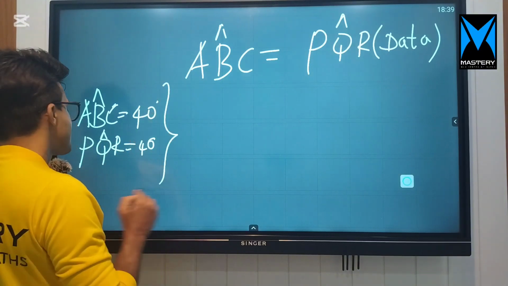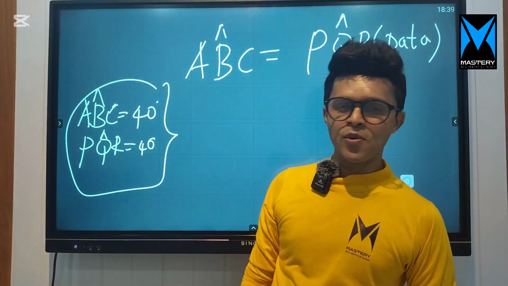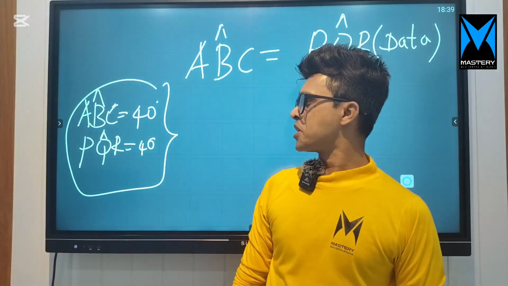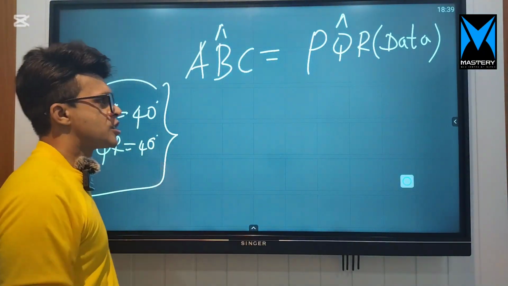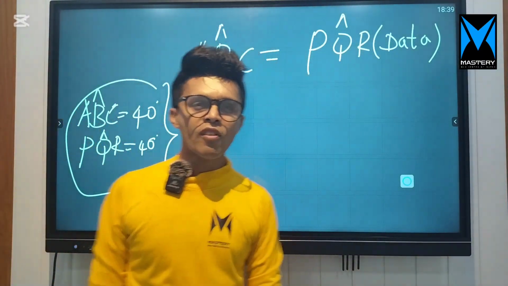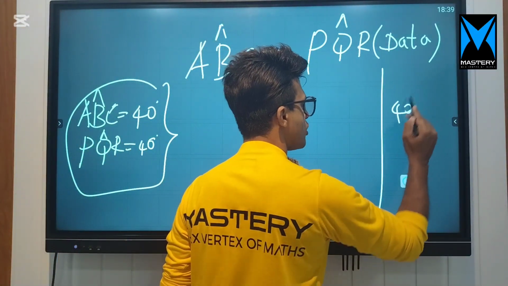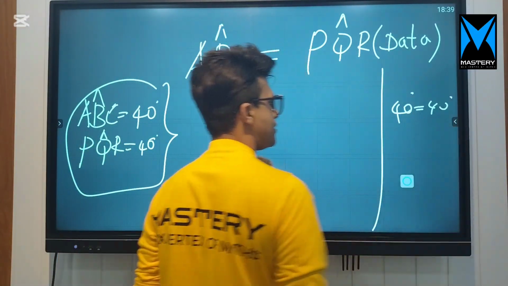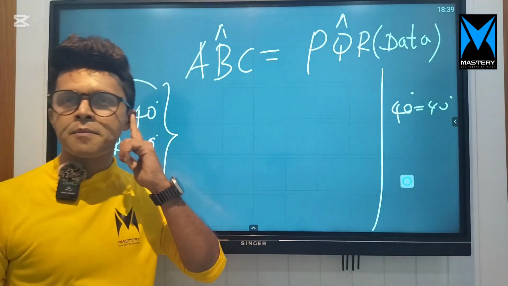Otherwise, this segment is not familiar to you unless you can get this. Imagine that angle ABC equals 40 degrees, and angle PQR equals 40 degrees. It is given that 40 equals 40, so angle ABC equals angle PQR.